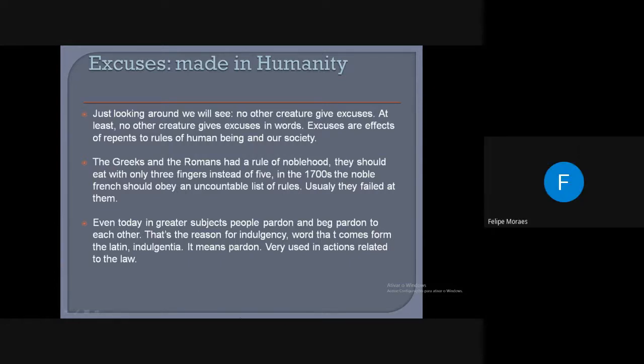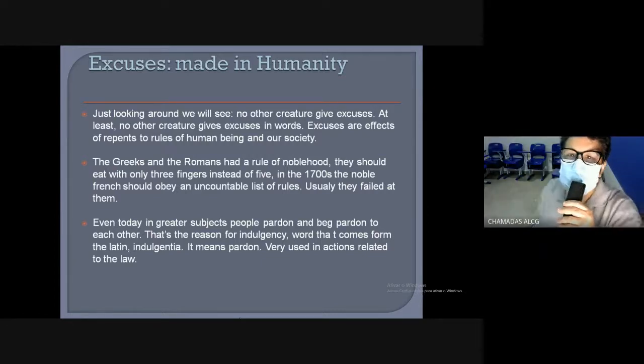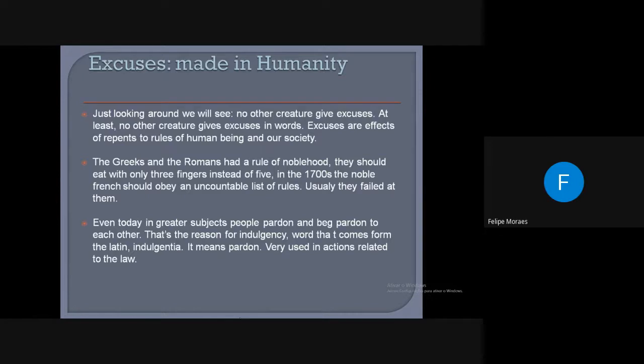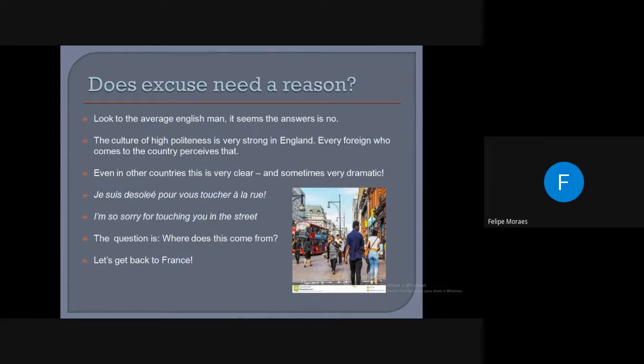It means pardon. It means taking out the wrongdoing, the mistake. Yeah, exactly. So there's no excuse nor reason.